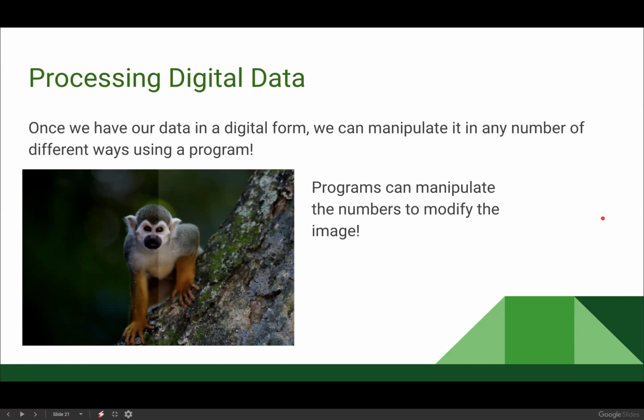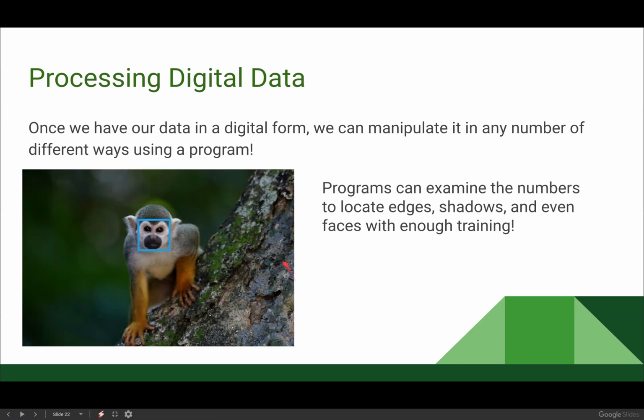So, like I said, once we have our data digital, we are able to have our programs manipulate it in any number of different ways. Remember back to the digital information unit, we could change the contrast of an image. We could darken part of it. We could lighten part of it. We could do any kind of calculation with the RGB values to make them different, to filter our image. We can even write programs, as we get more and more advanced, that are able to recognize things like edges along a shape.